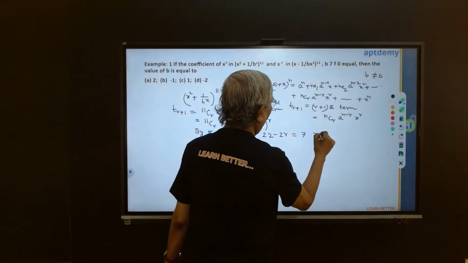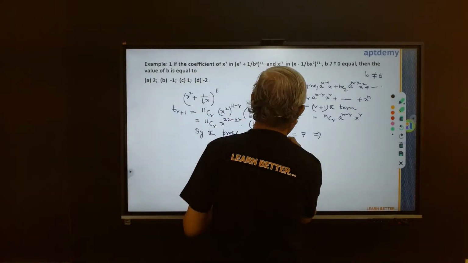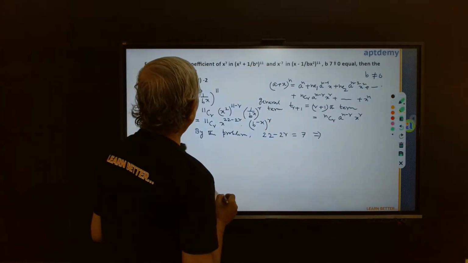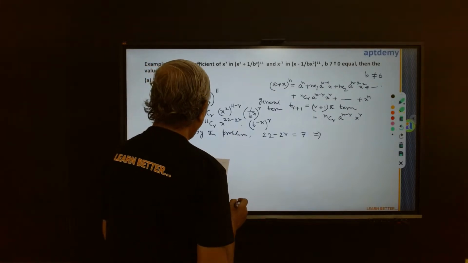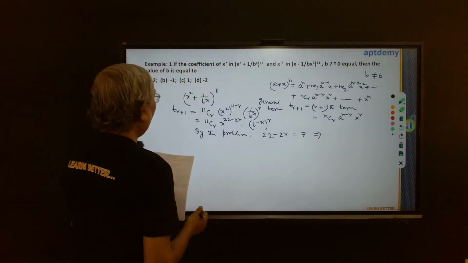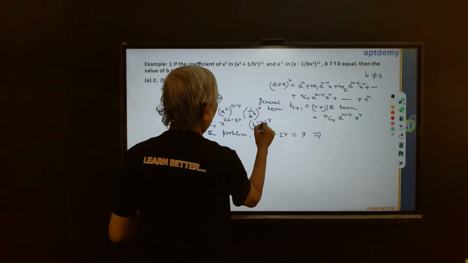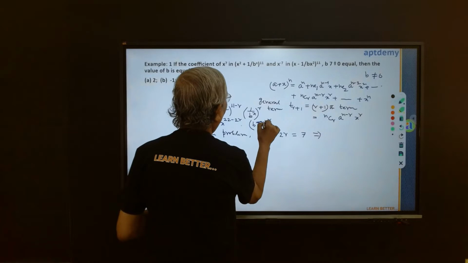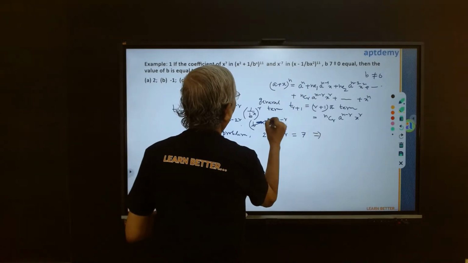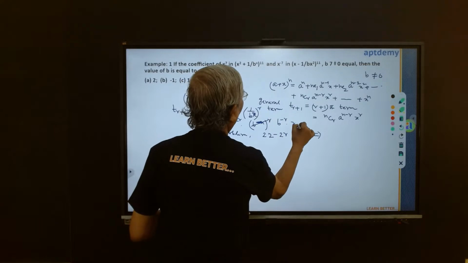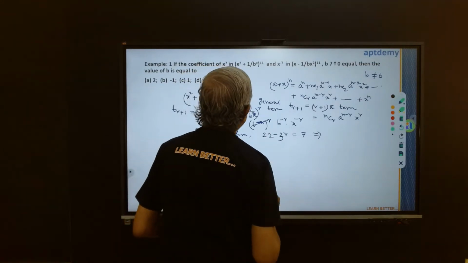Here x squared whole to the power 11 minus r gives x to the power 22 minus 2r, and here is our bx, so this is b to the power minus r into x to the power minus r. So 22 minus 3r is equal to 7.